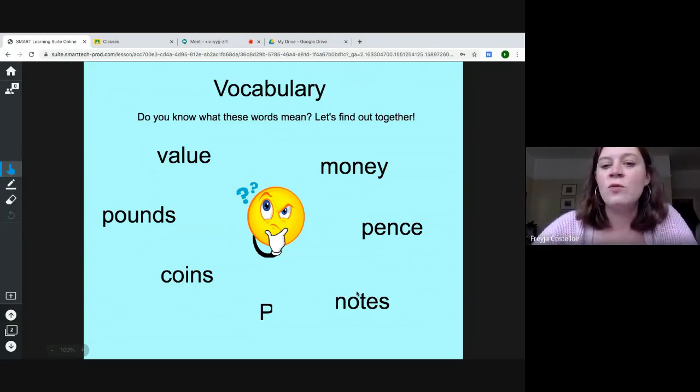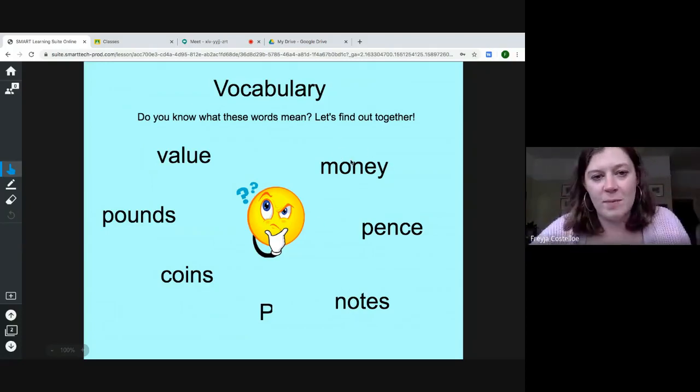And P is short for pence, which means pennies, okay? So when we're saying I've got 5p, that means that we've got 5 pennies. Notes, so those are £5 notes, £10 notes, £20 notes, and money, which is what we're talking about all together.